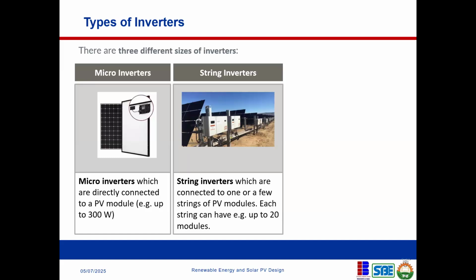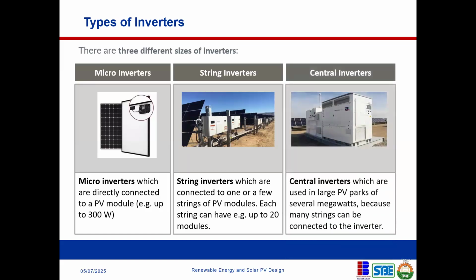However, the poly does less at the same irradiation. The string from the poly system will produce less electricity than the string of the mono, right? So this is a string inverter.